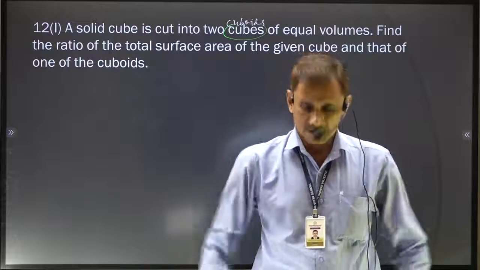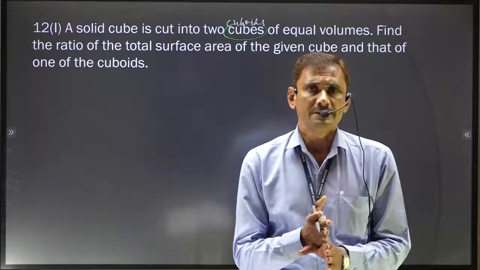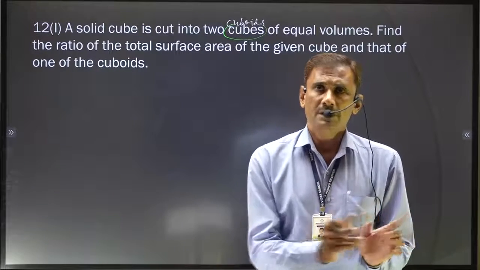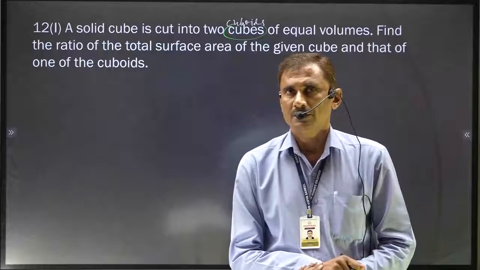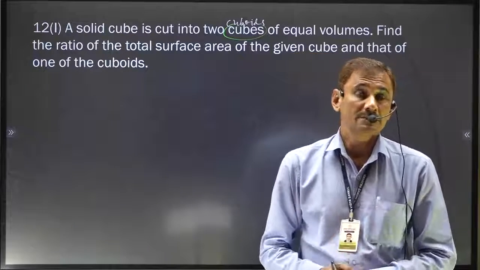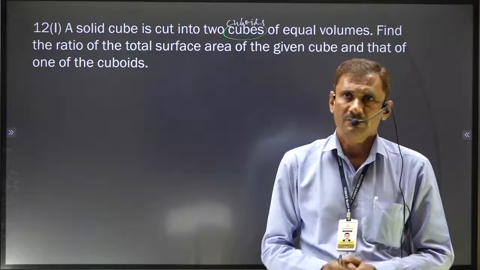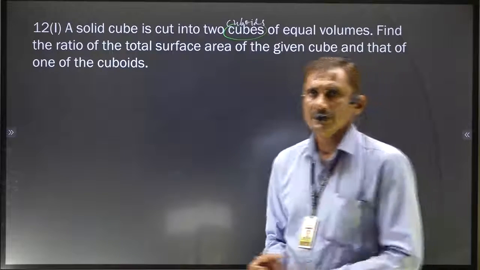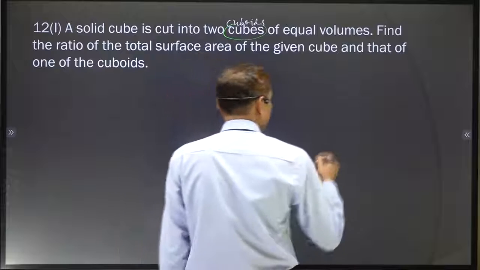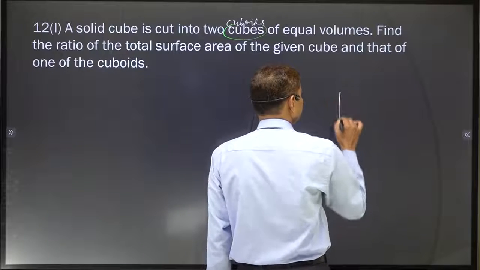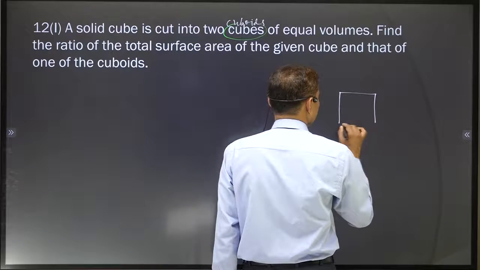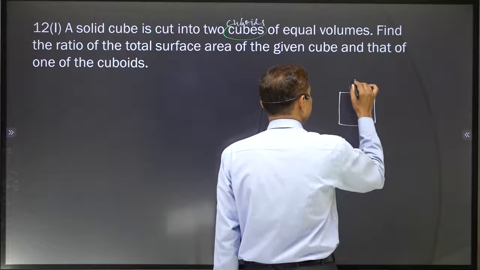After cutting the cube into two equal cuboids, you just take the cube and any one cuboid and take the ratio of their surface area, not volume. Volume will obviously be 2:1, as volume becomes half. Let me draw a figure. This is the cube.